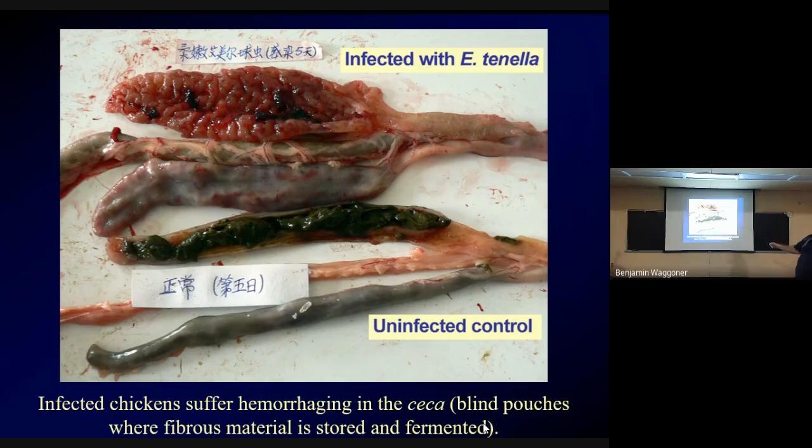Up at the top, you can see an infected cecum that's been cut open, and you can see that the lining is bloody and swollen, and I guess those are probably clots of blood inside. You can see the damage that poor chicken ceca are taking because of damage to the epithelium by Eimeria.